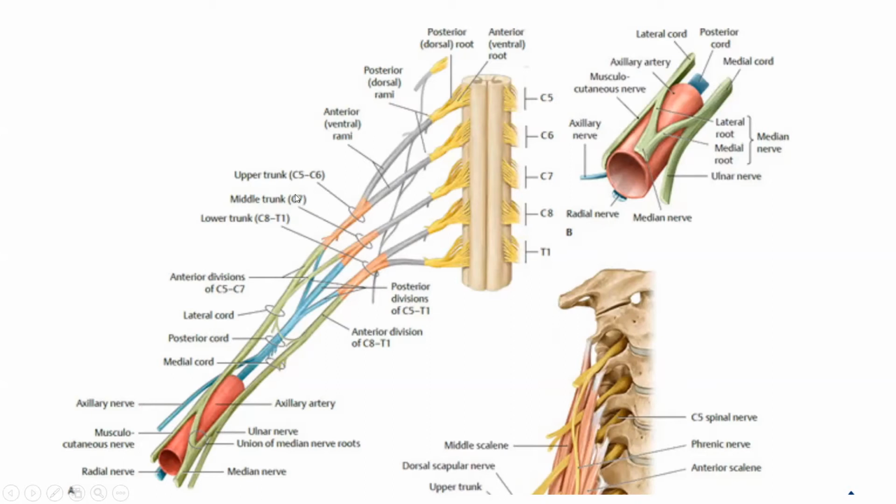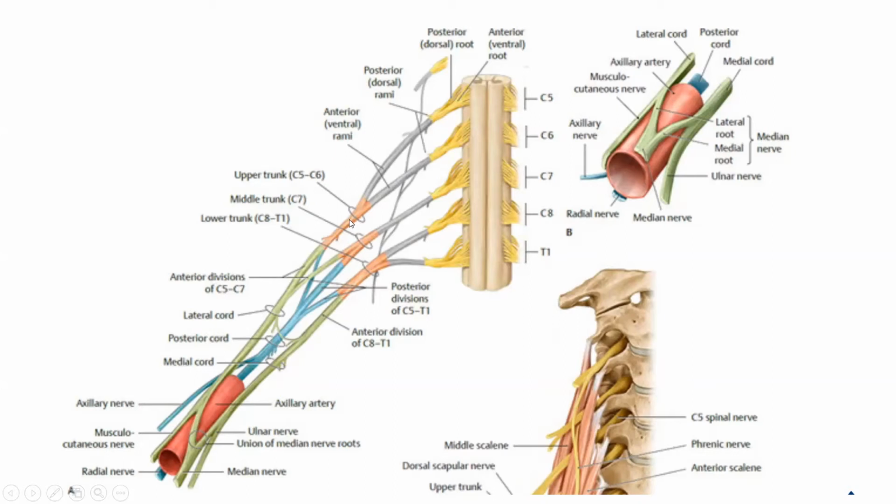So it's carrying the fiber from C7. And then finally, the ventral branches of the spinal nerve segments C8 and T1 join together and make the lower trunk. So it means that they are carrying the fiber from C8 to T1.